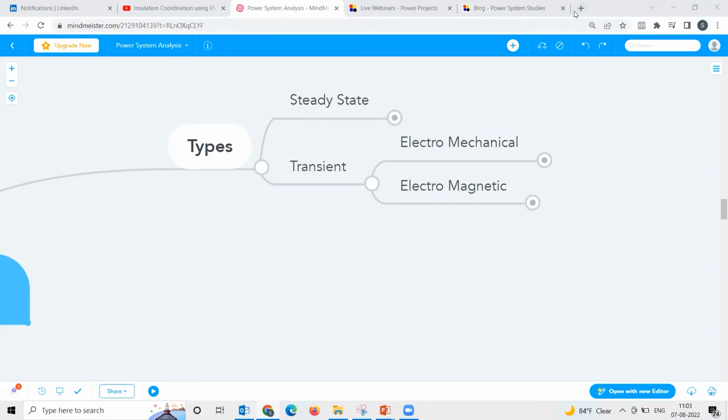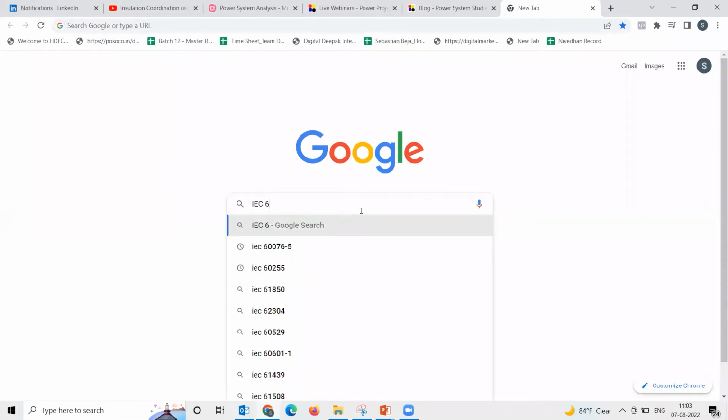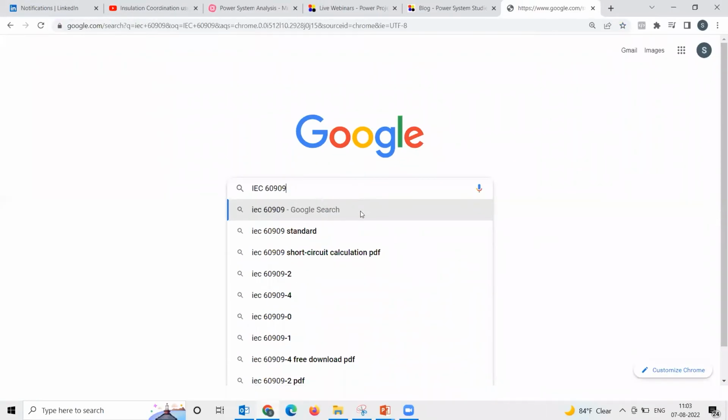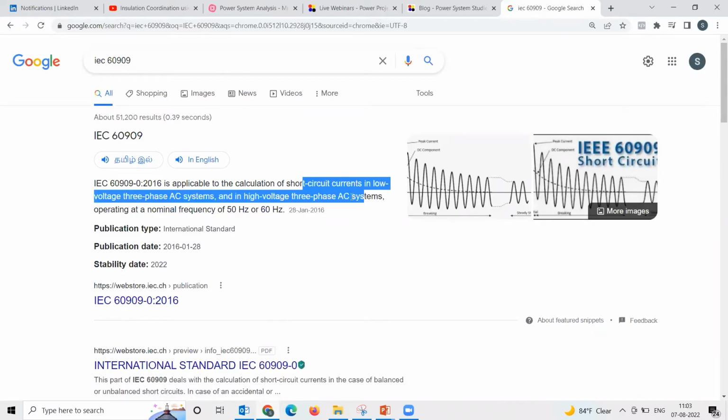Let's probably Google it, IEC 60909. IEC 60909 is applicable for short circuit current calculation in low voltage and high voltage 3-phase AC systems operating at 50 Hz or 60 Hz. So this standard talks about performing short circuit studies under a steady state condition.